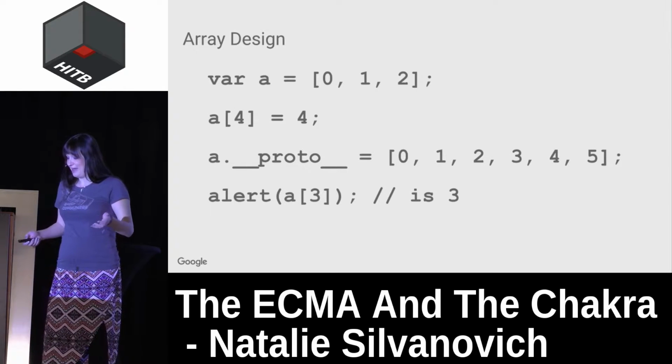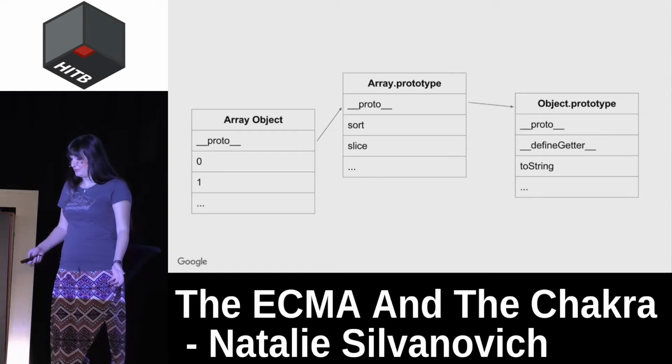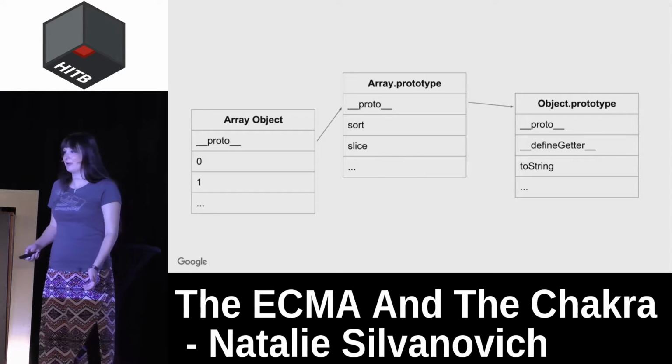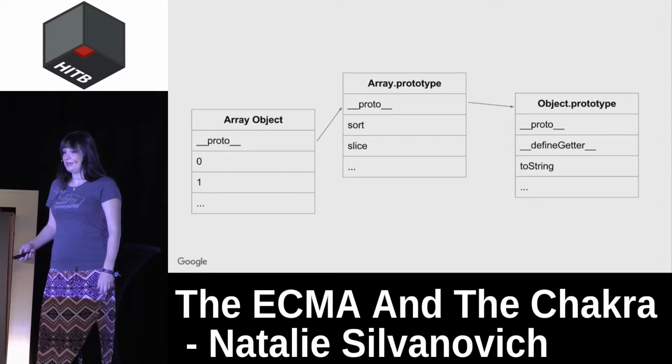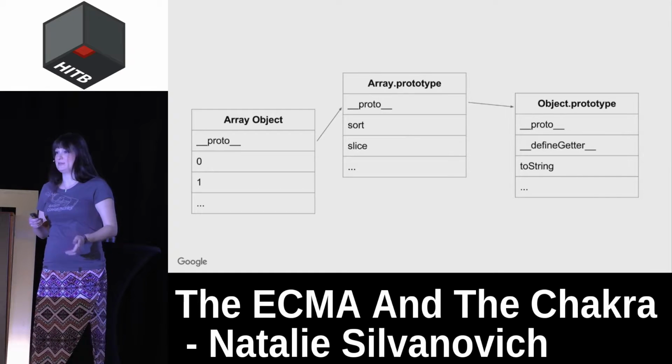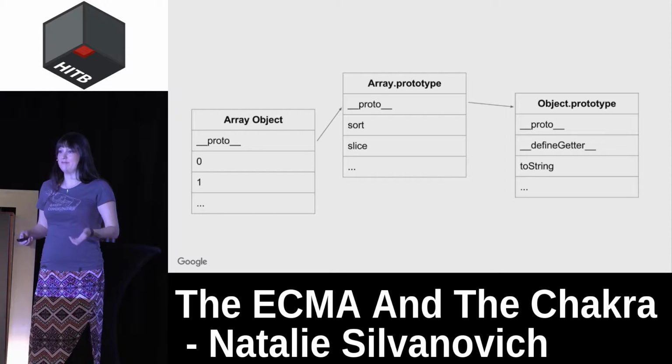And then finally, you can also have array prototypes. To explain what these do, if you look at how the class hierarchy in JavaScript works, you start off with the basic object of the array, which is the array object in this diagram. But then it has a superclass and a superclass, and there's no limit to how many times you can do this. So to start off, you have the proto-object, which gives it the array class.